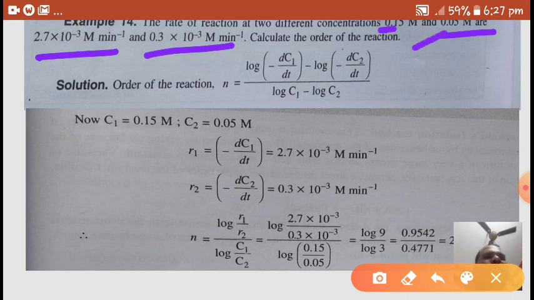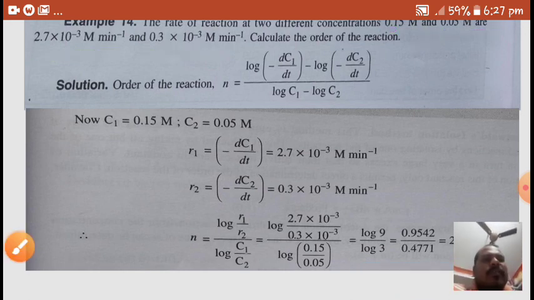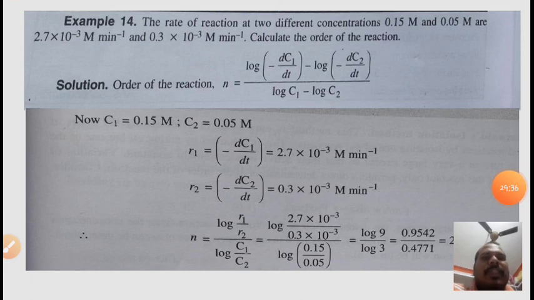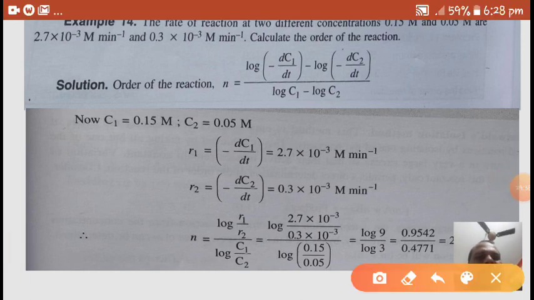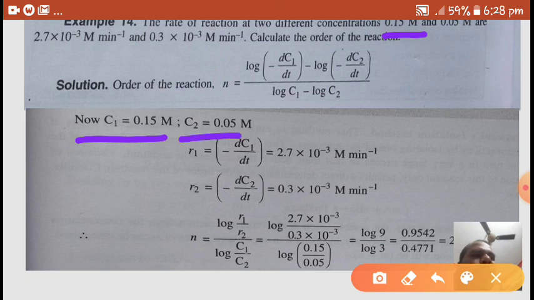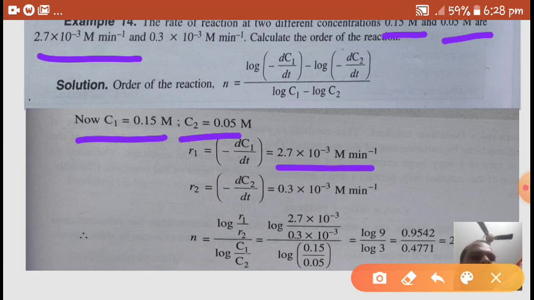By looking at the data, we can say that it is suitable for the equation which we derived in Van 't Hoff's differential method. Here C1 is 0.15 molarity and C2 is 0.05 molarity, R1 is 2.7 into 10 to the power minus 3 molarity per minute, and R2 is 0.3 into 10 to the power minus 3 molarity per minute.